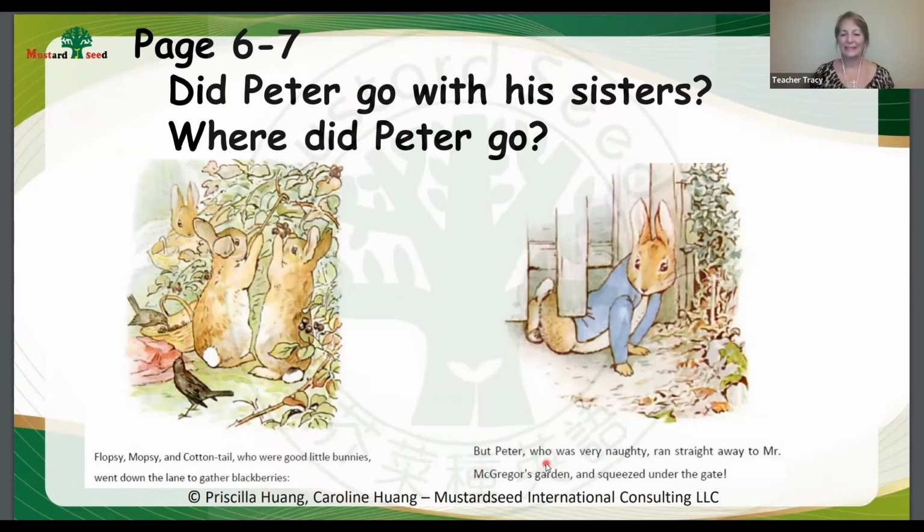But Peter, who was very naughty, ran straight away to McGregor's garden and squeezed under the gate.